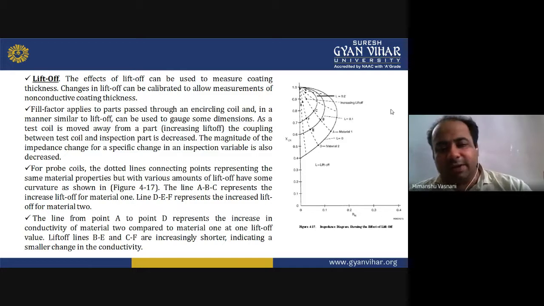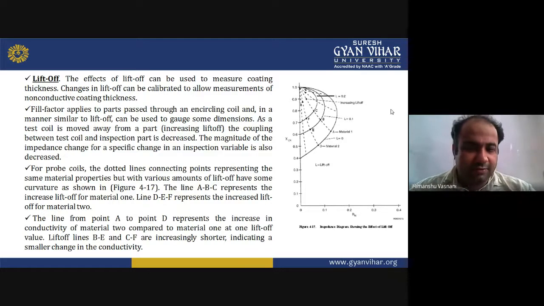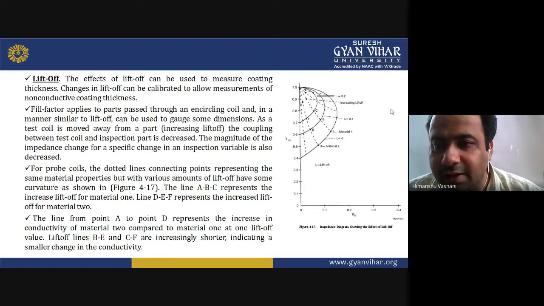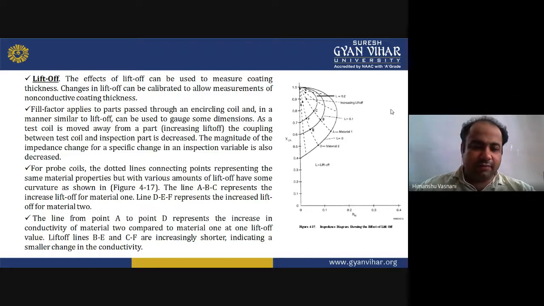The line from A to point D represents the increase in conductivity of the material. The lines BE and CF are increasingly shorter, indicating a small change in conductivity.